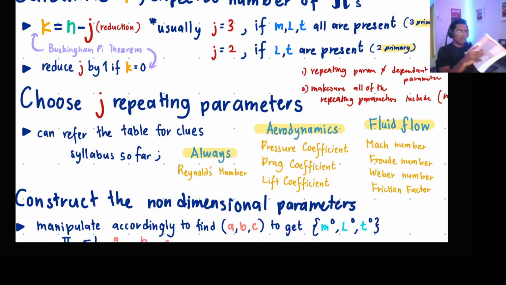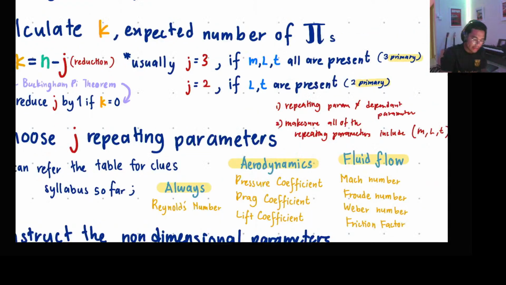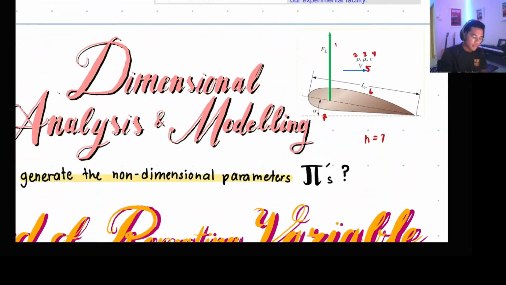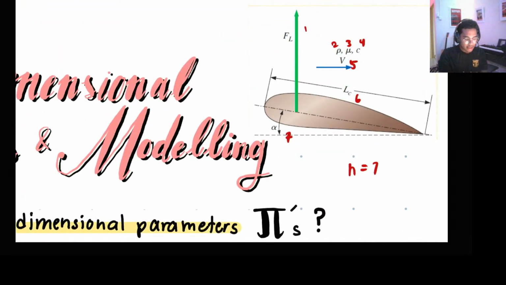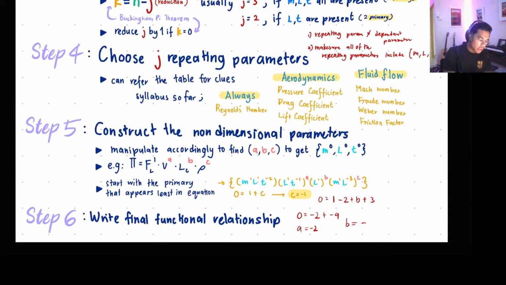All of these have one or two dependent parameters. So one of the dependent parameters cannot become the repeating parameters. So clearly, our dependent parameter is lift force, so that cannot be the repeating parameter.